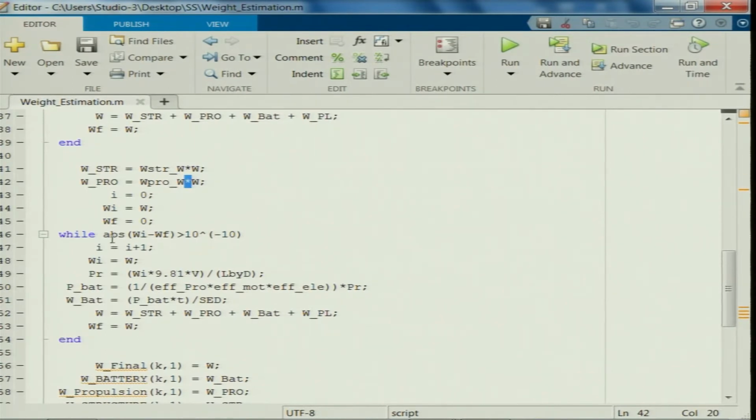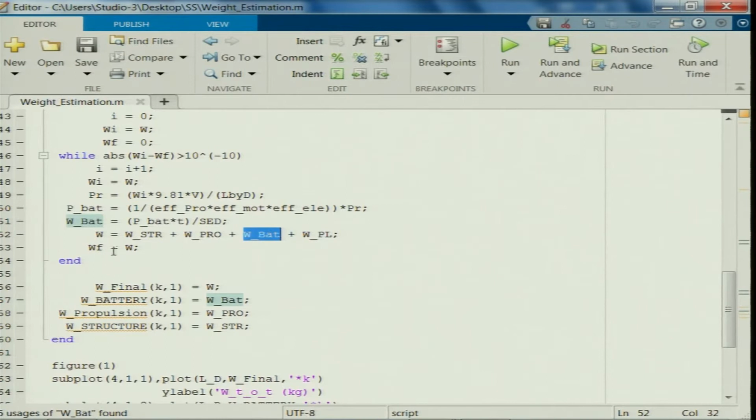So, the weight that was output from the earlier while loop becomes the input for the second while loop, which will again, because of the change in the weights of the structural and propulsion systems, change the battery weight or the power requirement, as the overall weight changes. Hence, we iterated again to figure out the updated weight of the aircraft.